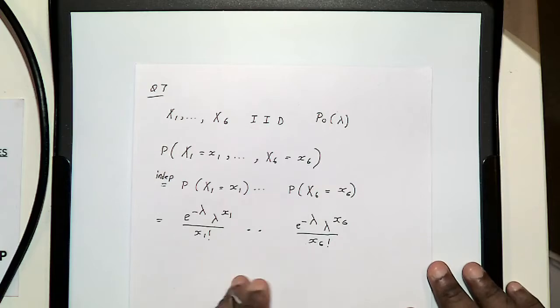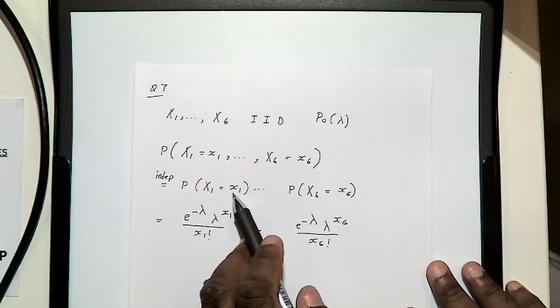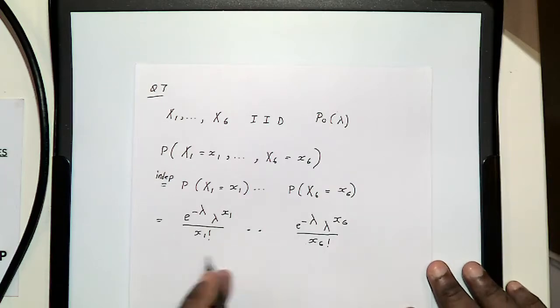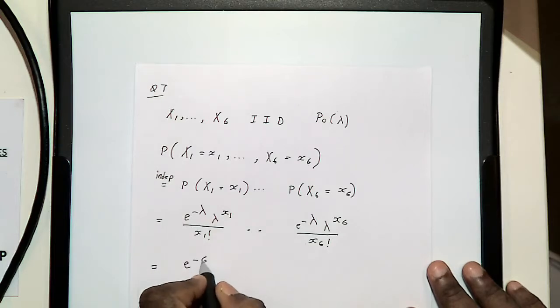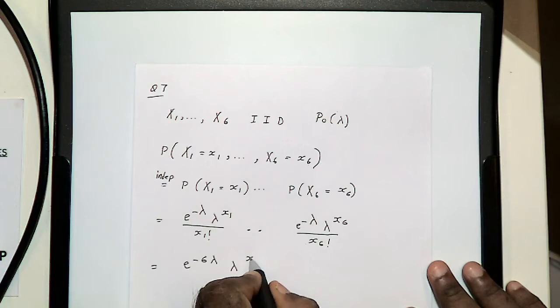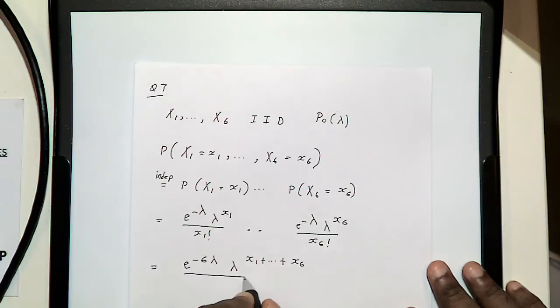Now if you simplify this, there are 6 of this, 1 to 6, so there are 6 terms. You are taking the product over. So you get e to the minus 6 lambda, then lambda power x1 plus up to x6, divided by x1 factorial up to x6 factorial.